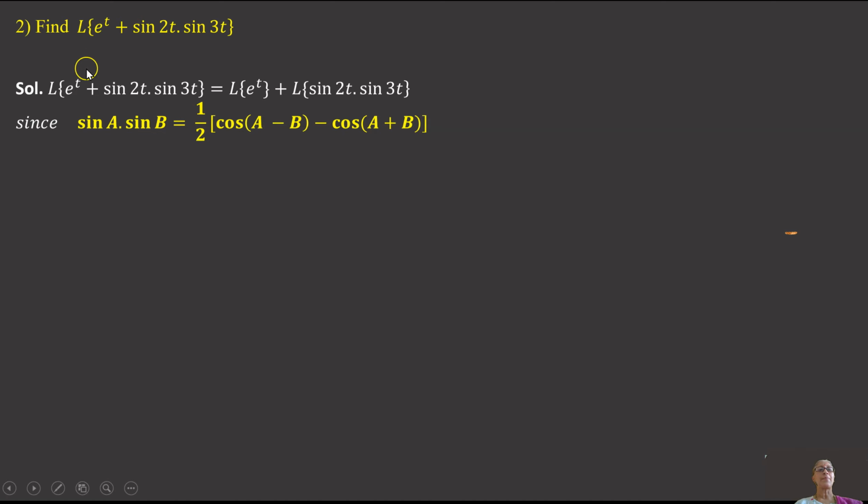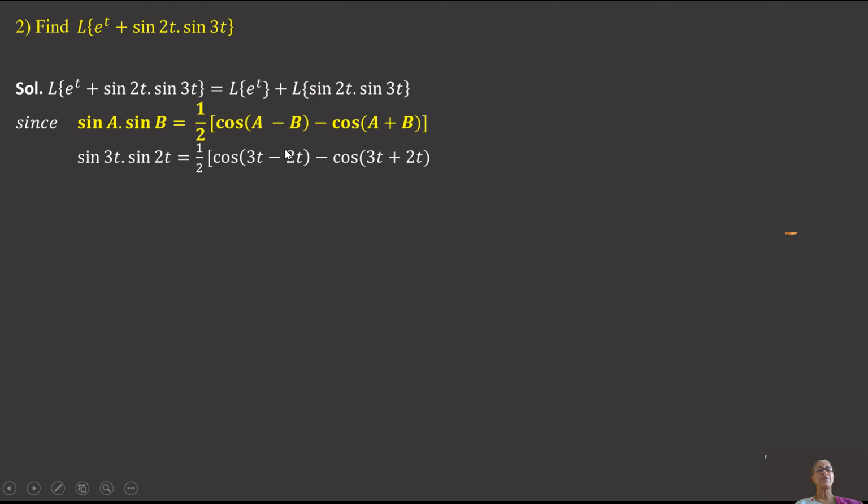Now, the Laplace transform of e power t plus sin 2t into sin 3t can be written, by the linearity property, as the Laplace transform of e power t plus the Laplace transform of sin 2t sin 3t. So here we can find the Laplace transform of e power t first, then you can find the Laplace transform of sin 2t into sin 3t. This is the sum of both the Laplace transforms.